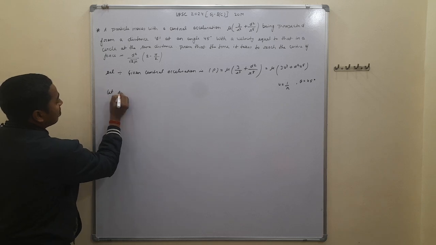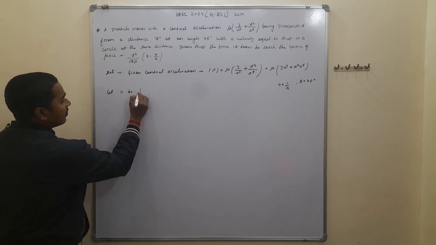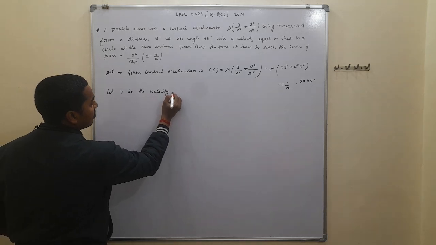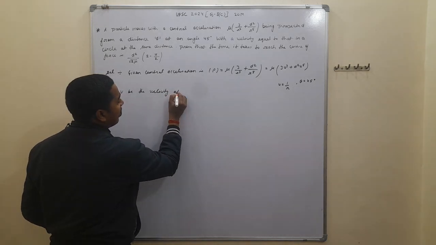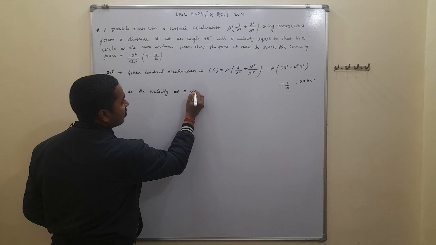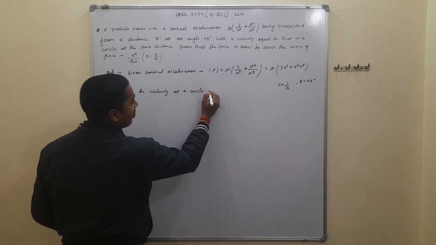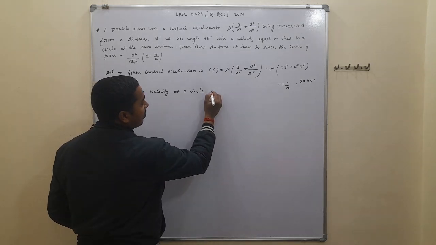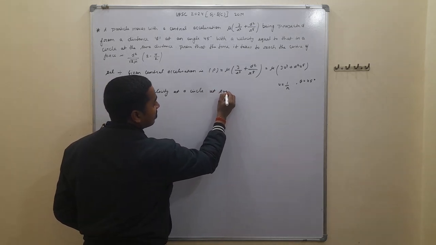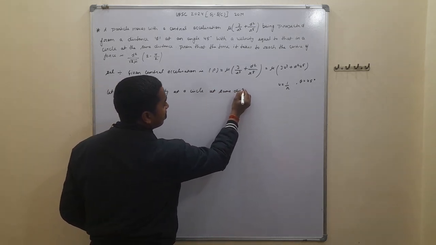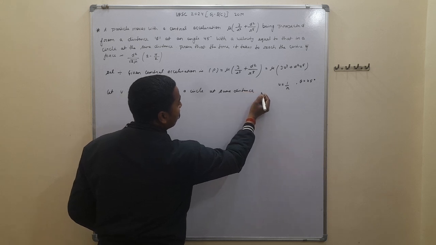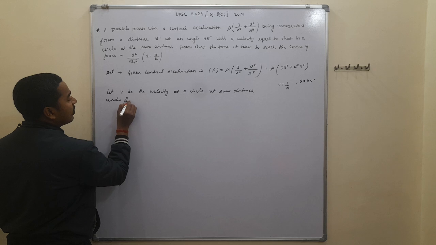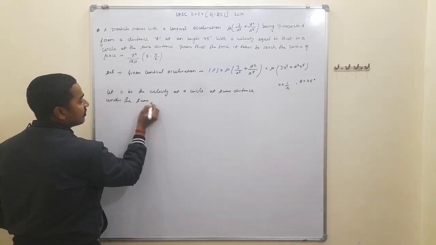Let v be the velocity in a circle at the same distance under the same acceleration.